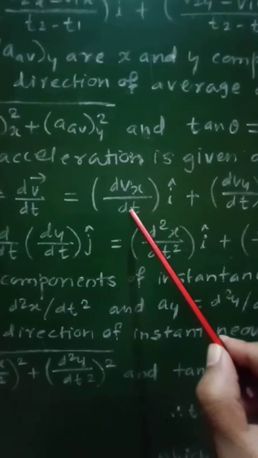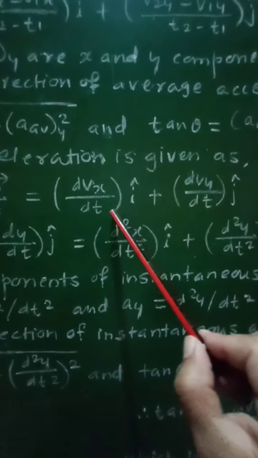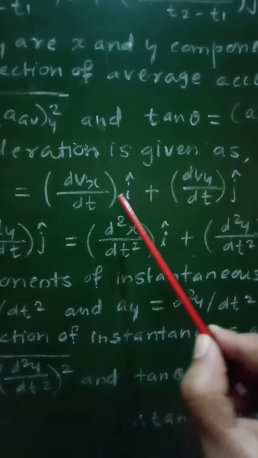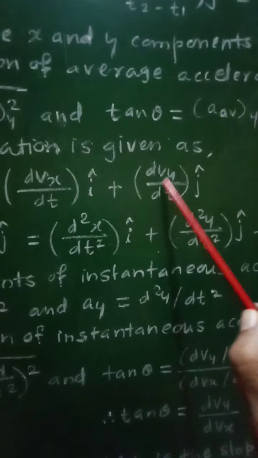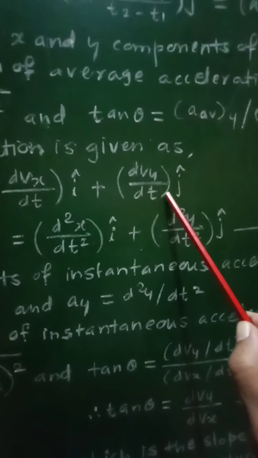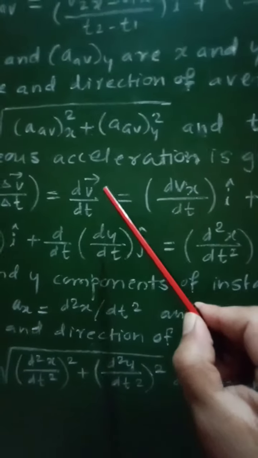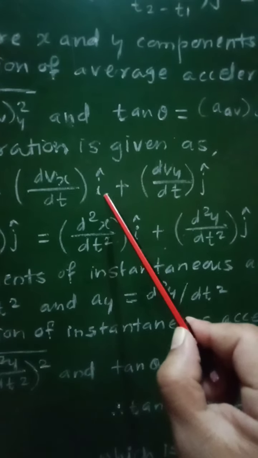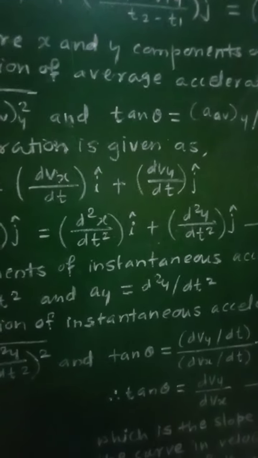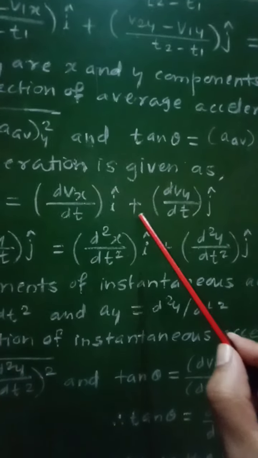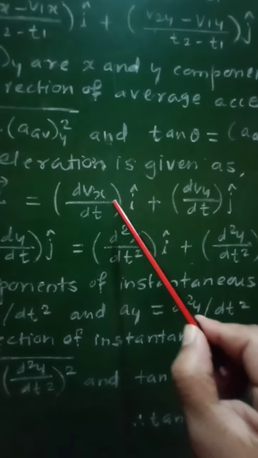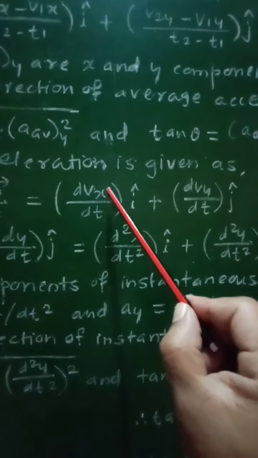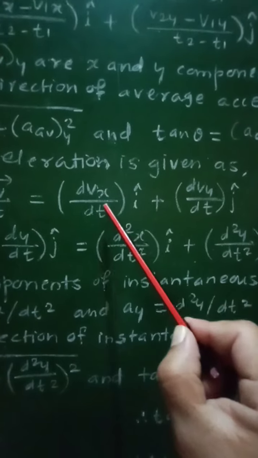Now it will be written in terms of the unit vectors i and j as dvx by dt i cap plus dvy by dt j cap. So this dv by dt will be written in the form of vectors i cap and j cap as it is. Then further, velocity is the rate of change of displacement with respect to time, that is dx by dt.